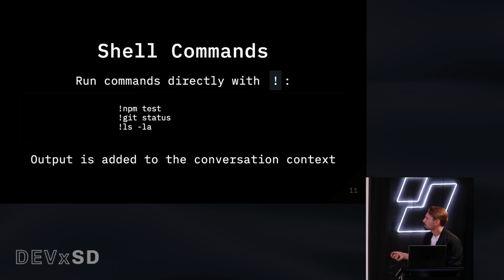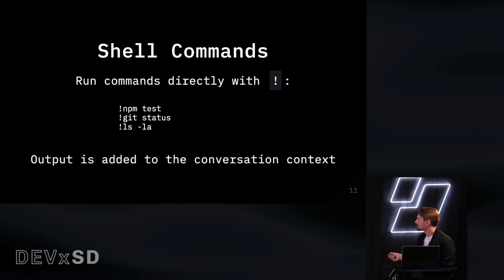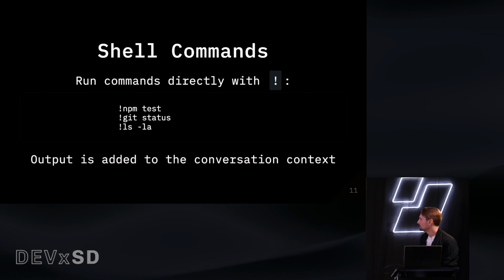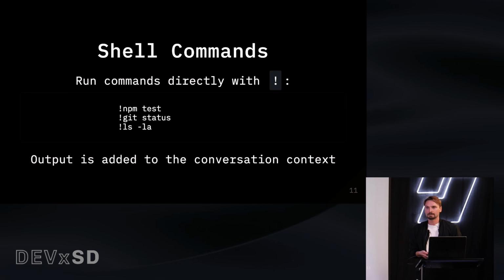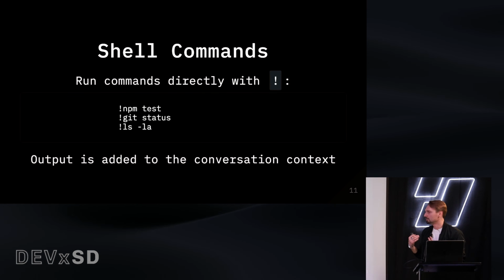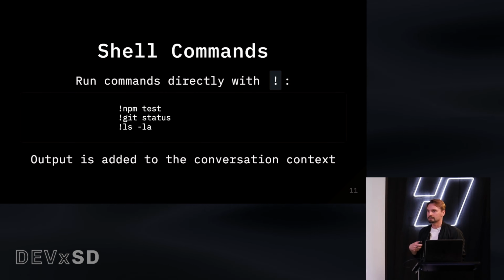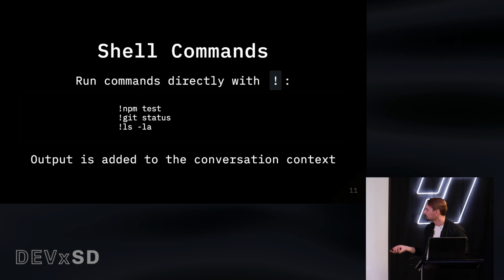You can run shell commands within it as well with an exclamation mark character, which will allow you to take the output of that command and include it inside of the context window for the agent. That allows them to see into a specific command that you want to run and say, hey, why isn't this working? Or describe what this command is doing, that sort of thing.